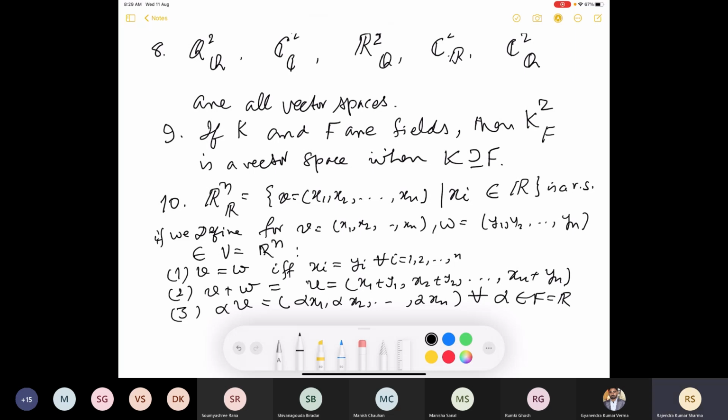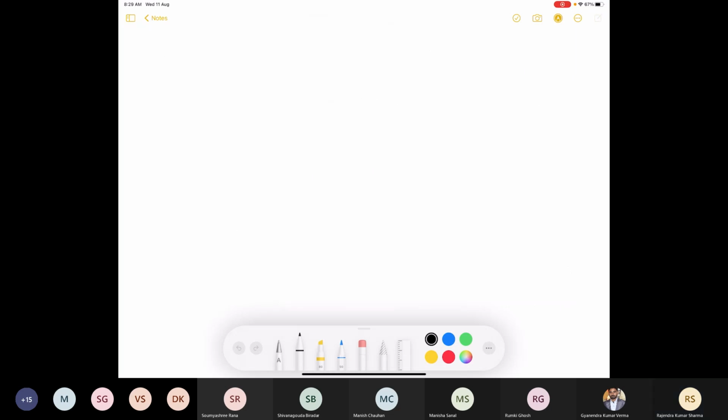So Rn over R becomes a vector space, and naturally this gives me the idea that you can define the next example. I don't know which number it is now, 10, 11, 12 perhaps.